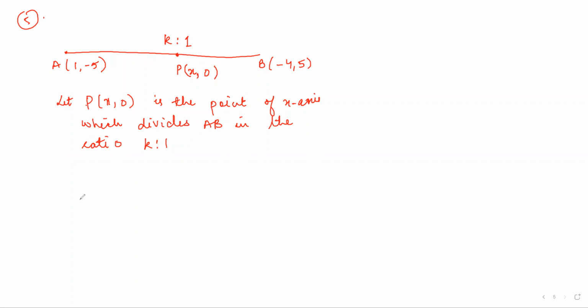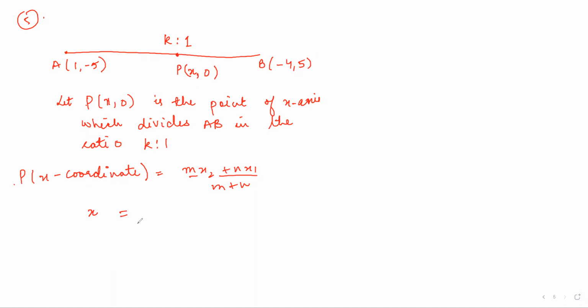Okay. So same section formula. The Px coordinate is (mx2 plus nx1) divided by (m plus n). Now the Px coordinate is x in this particular question.